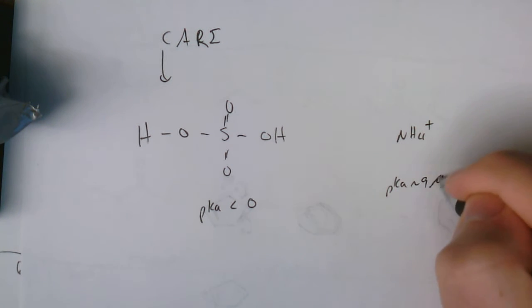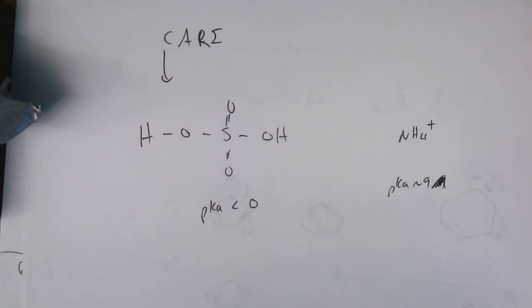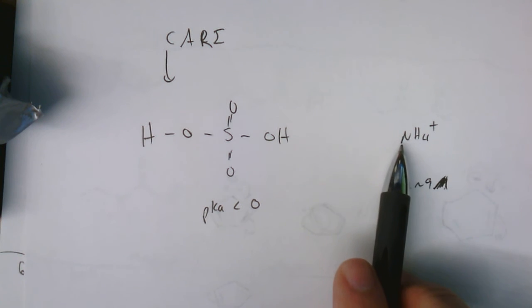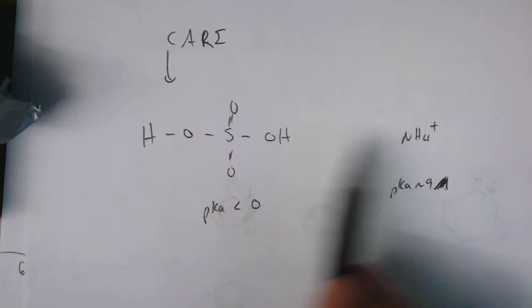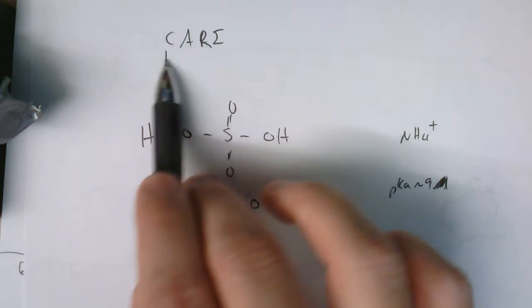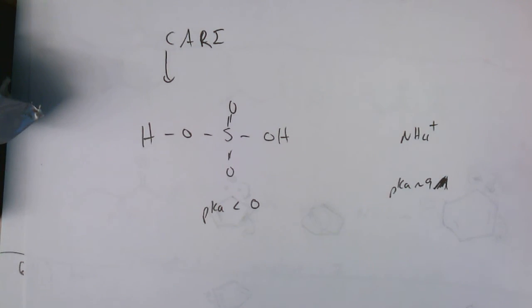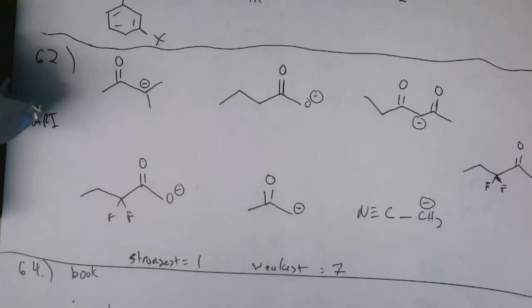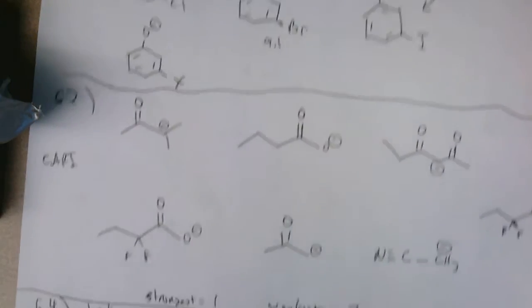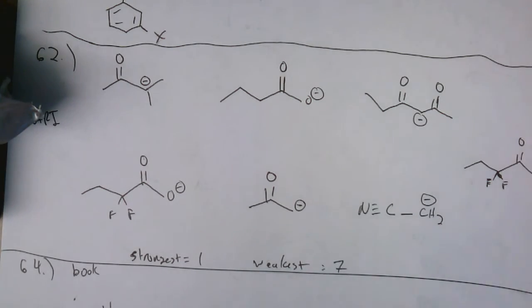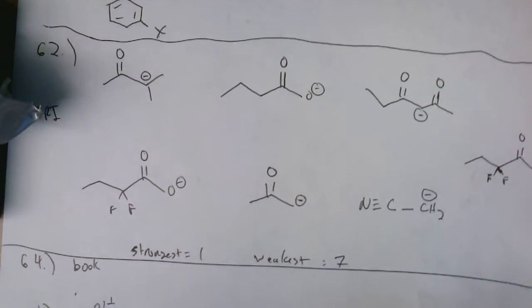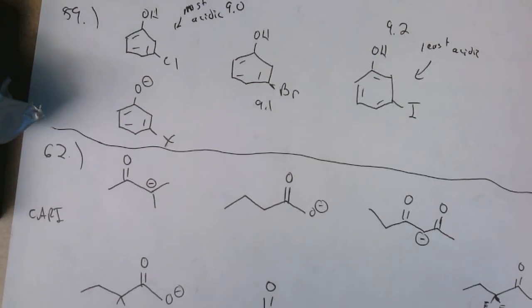Let's just call it about 9. This is a positively charged nitrogen, but it's a much weaker acid than this. So we're only considering the charge in tie breaking two similar molecules or similar sites in a molecule. If you're confused about that, then ask about it during the review session, or come talk to me about it, or email me.